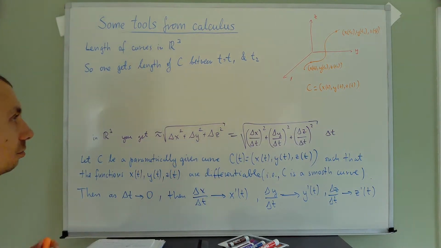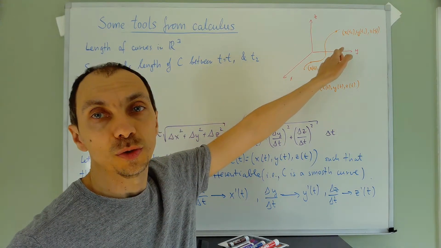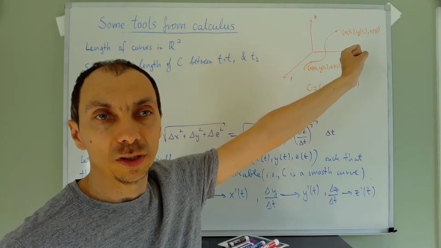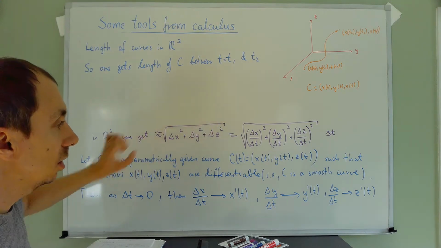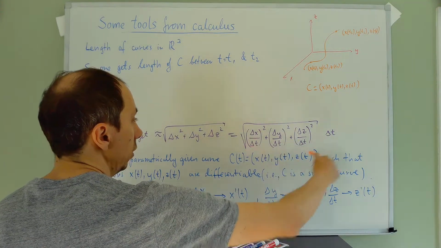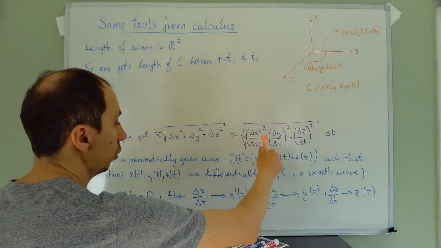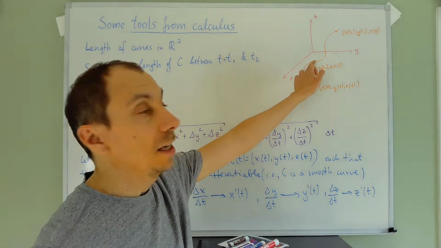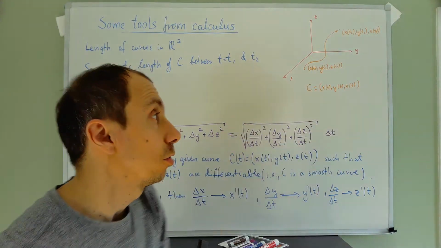And from our considerations here, you saw what we did was we divide this curve up into really small pieces so that each piece looks roughly like a part of a straight line, and then the length of such a piece is that, essentially, which follows from the Pythagorean theorem, which you can then convert to this using simple algebra, and as delta t goes to 0, these turn into derivatives. Normally you would add up the lengths of these pieces, but in the limit, the sum turns into an integral.